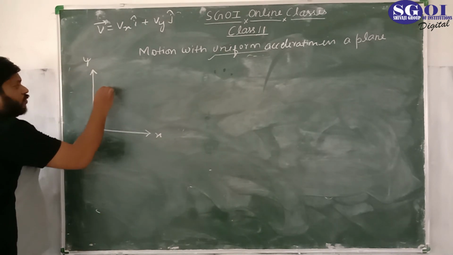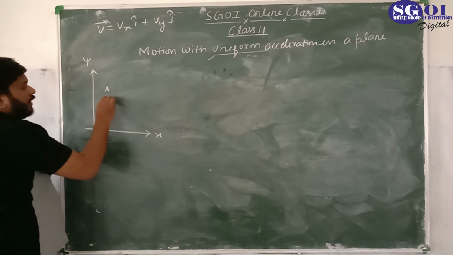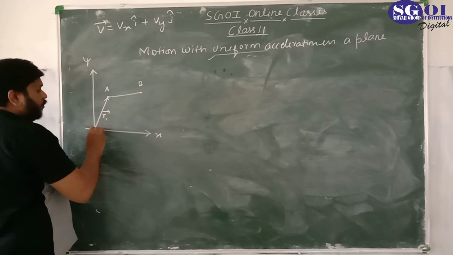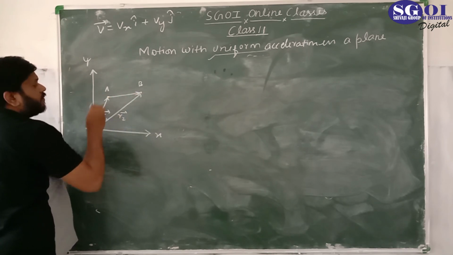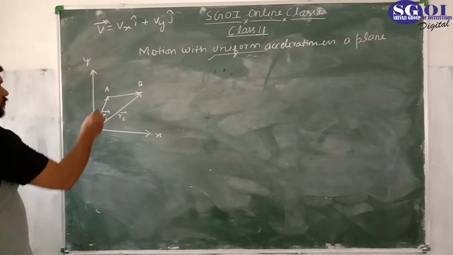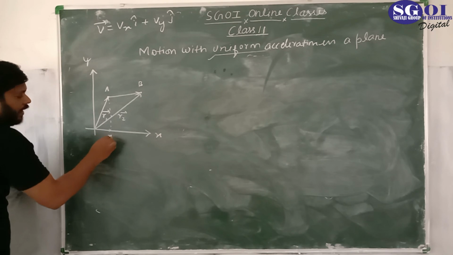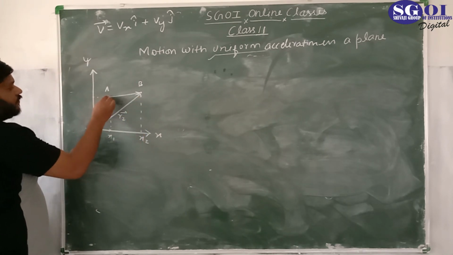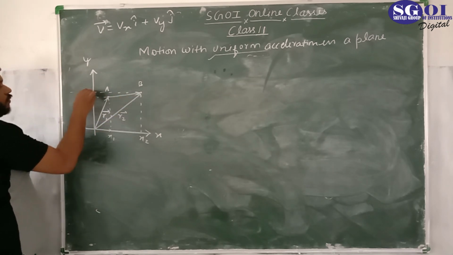So let's say it is at position A and the position vector is r1 vector, and it is displaced and reaches point B, where the position vector is r2 vector, and this is the displacement vector AB. At this point it is, let's say, x1 and this is x2 position, and this is y1 and this is y2.